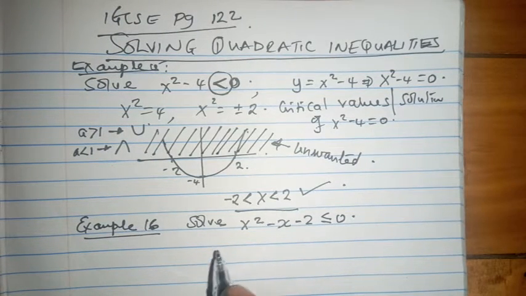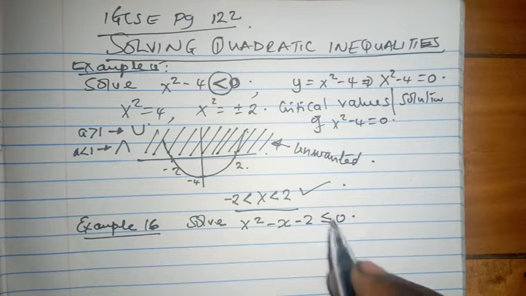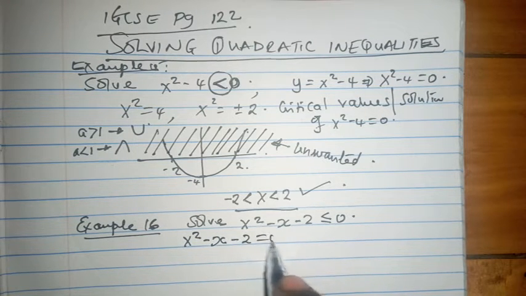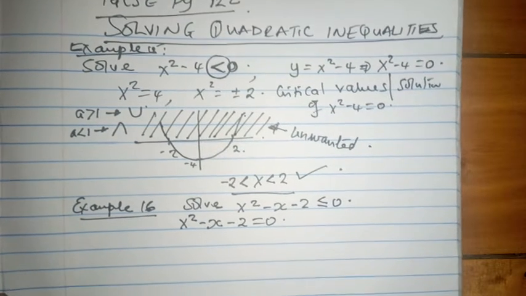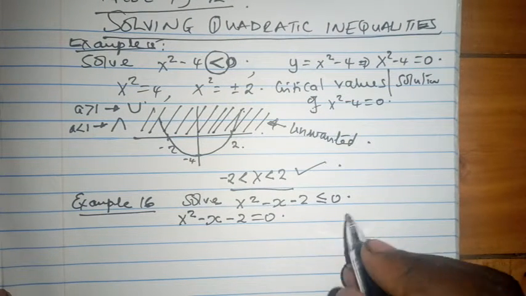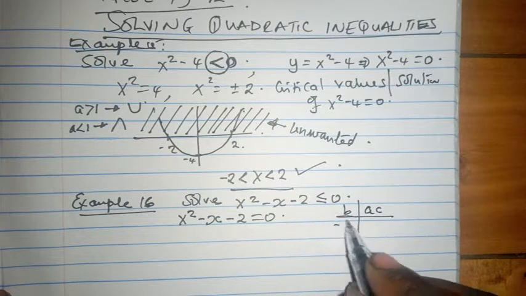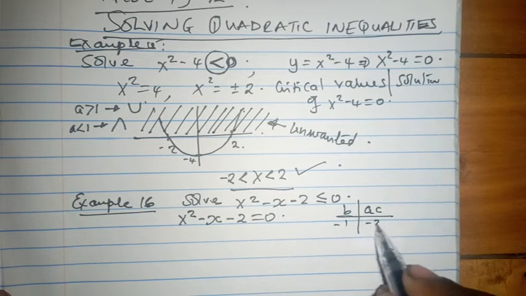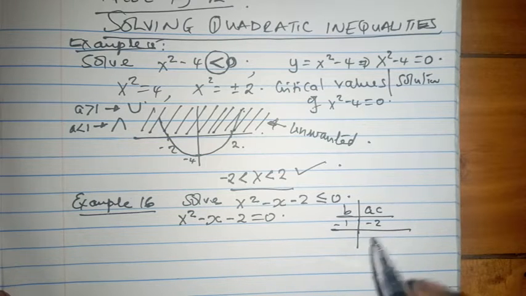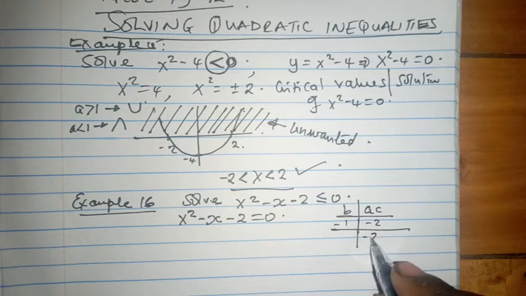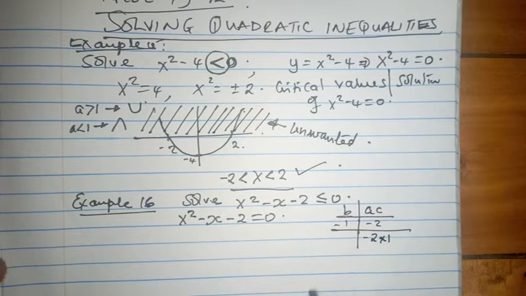As I told you, we need first of all to ignore the inequality and solve x squared minus x minus 2 is equals to 0, so that we can employ all the methods. Probably we can go to the product-sum method, it's straightforward. B is minus 1, you can see AC is minus 2. Two numbers you multiply that give you minus 2 are minus 2 times 1, and minus 2 plus 1 gives minus 1.